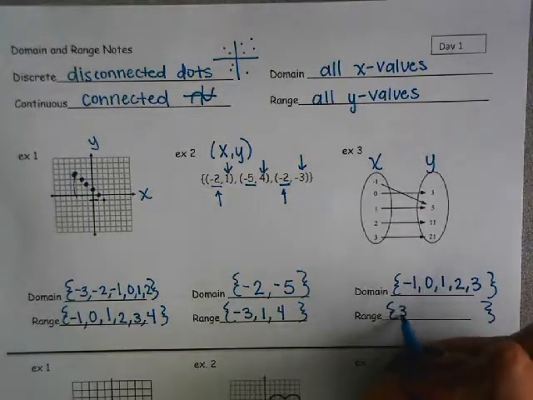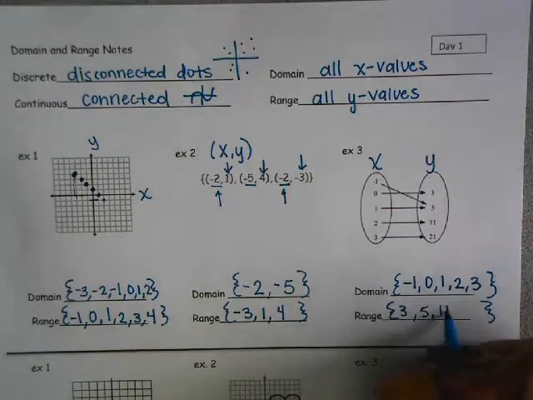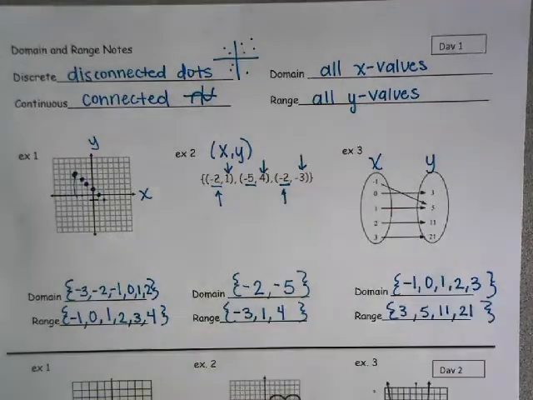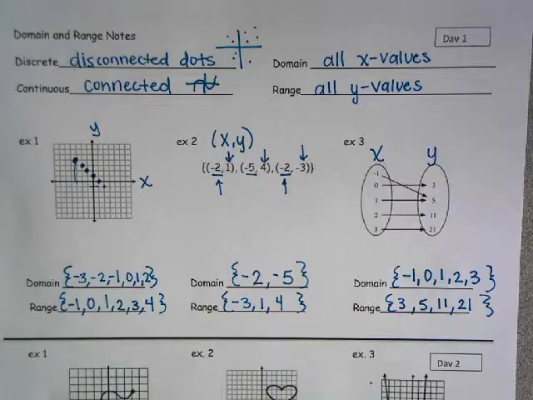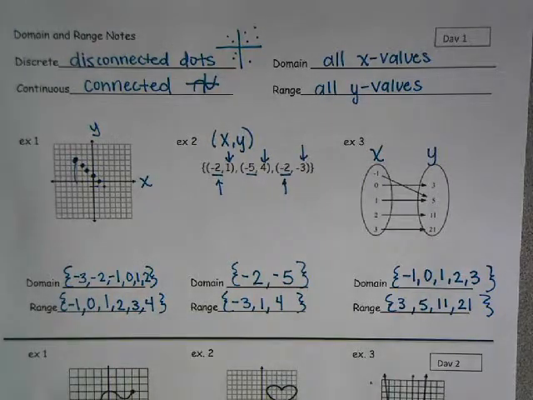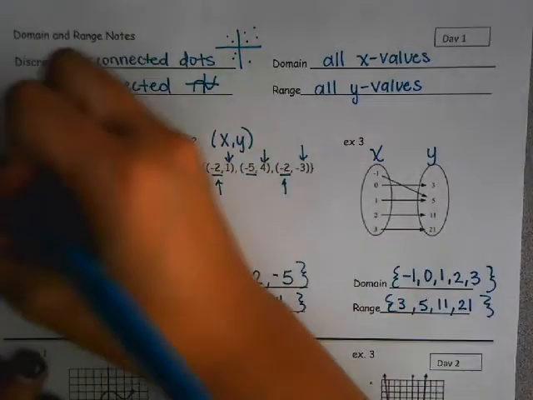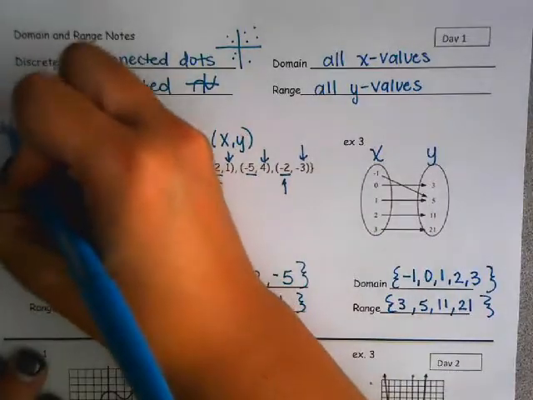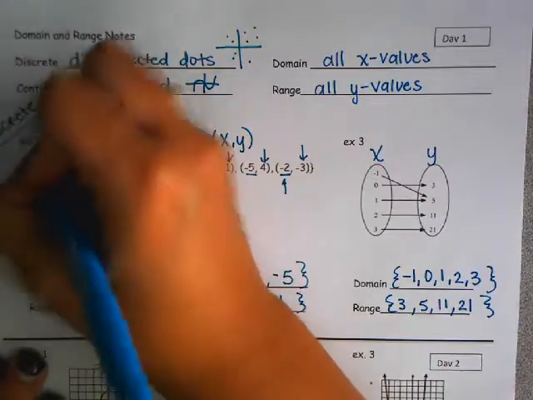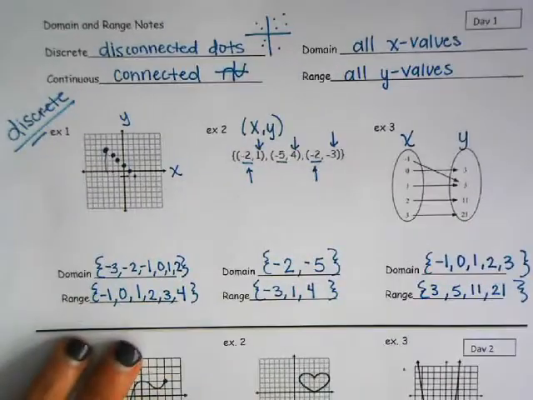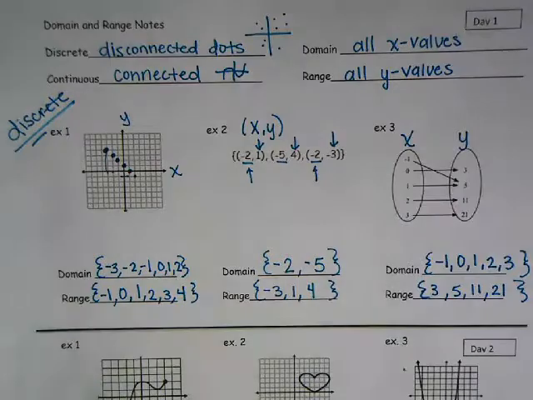So I have 3, 5, 11, and 21. That is all this is, okay? These 3 examples are discrete. So today you're practicing discrete domain.